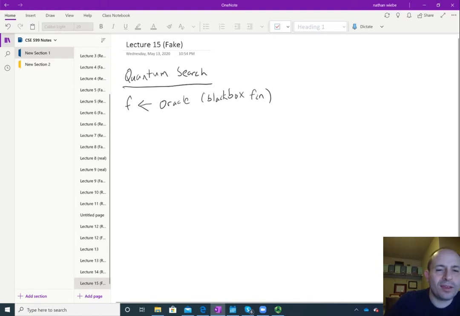It maps from bit strings, Z_2 to the n, to Z_2.